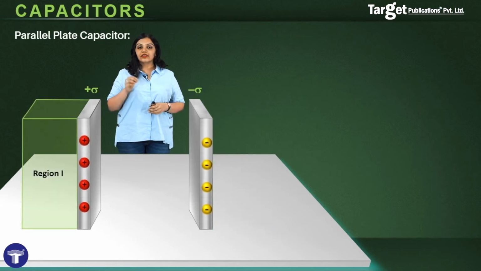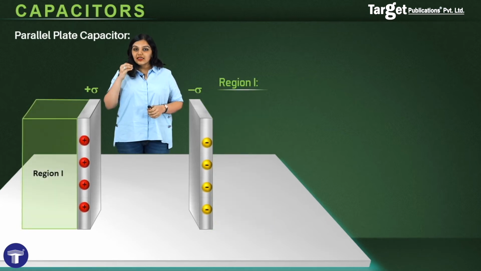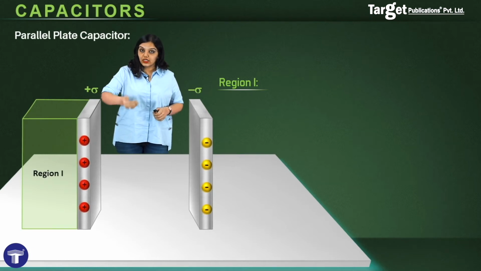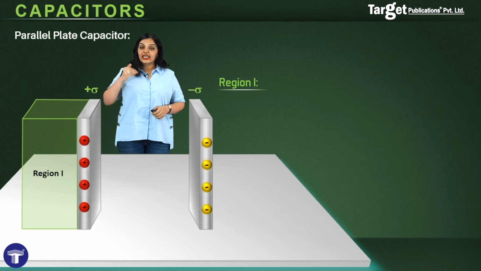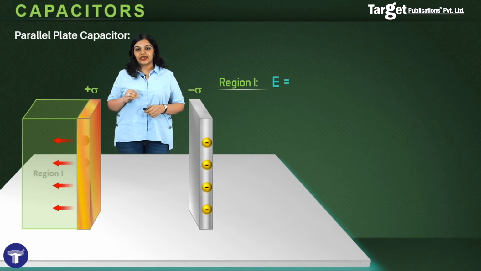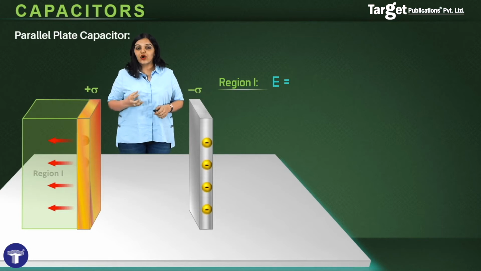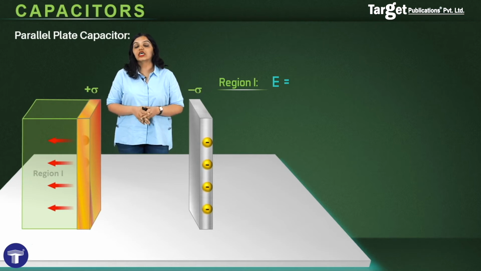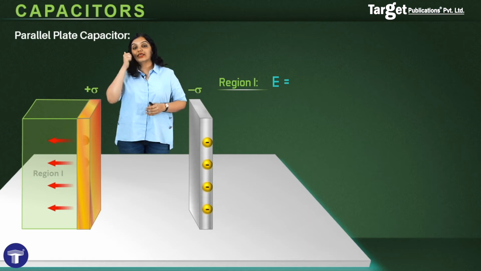Let's take a look at region 1. I say that in region 1, the positive charge on the positive plate will obviously be affecting region 1, and therefore the electric field due to the positive plate is indicated by the red arrows. Now, but what is the formula for this? We will assume that the distance between the plates is much smaller than the area of the plates, and when you make such an assumption, you can use the formula from electrostatics.